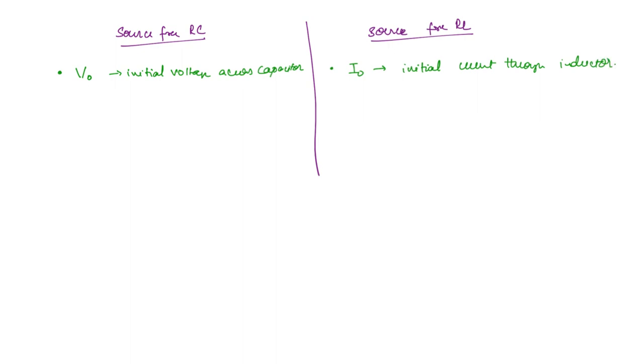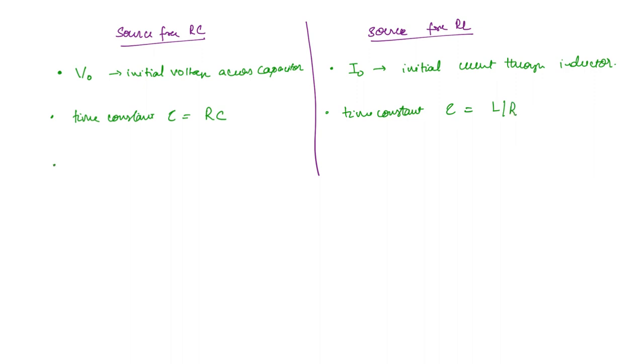So for capacitor, voltage is important; for inductor, current is important. Now what is the time constant here? The time constant here is tau is equal to R into C. Now what about the time constant here? Here tau is equal to L by R.